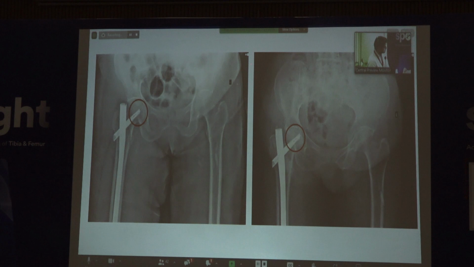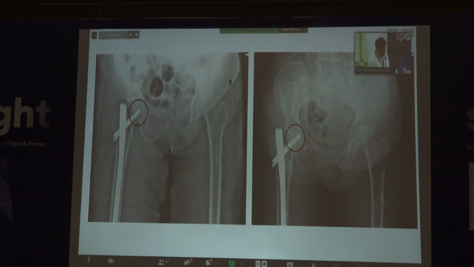So in my practice, I would definitely think about adding cement augmentation at this moment to prevent that. But I think the collapse enhances the bone healing. So when you see the bone healing, you're better off removing the nails or the blades at this moment, because if it penetrates more and causes damage to the acetabulum, then you're asking for a total hip arthroplasty rather than the bipolar head.